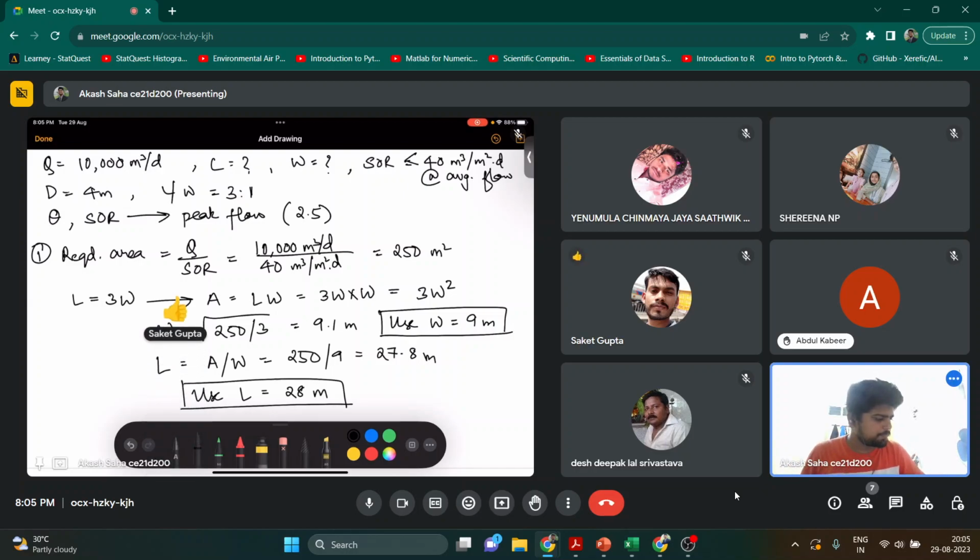Is it okay? So the actual area A will be equal to L into W, that is 28 into 9, which is equal to 252 meter square.